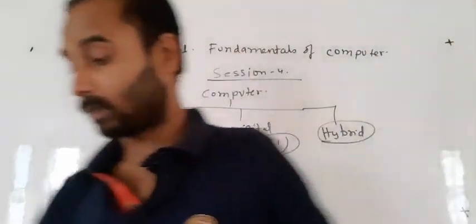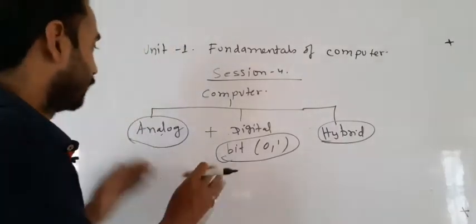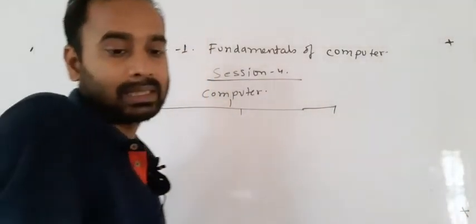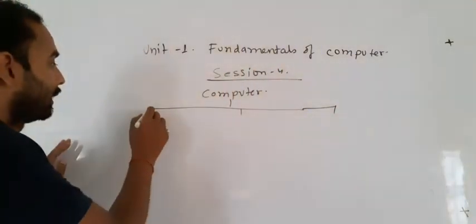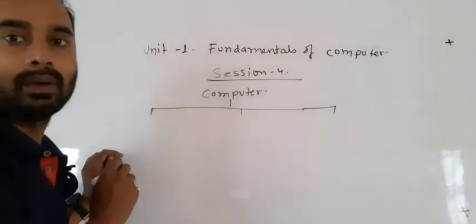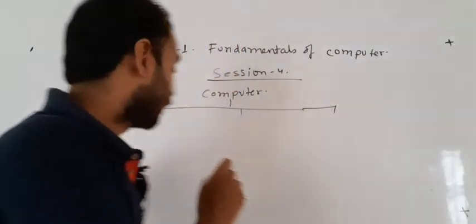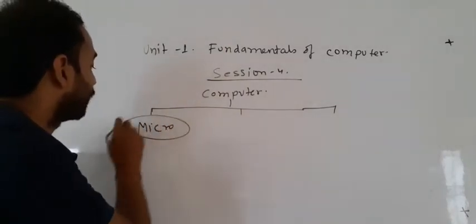Now, on the basis of physical structure, computers are classified into 4 categories. First category is called microcomputer. Why is it called microcomputer?